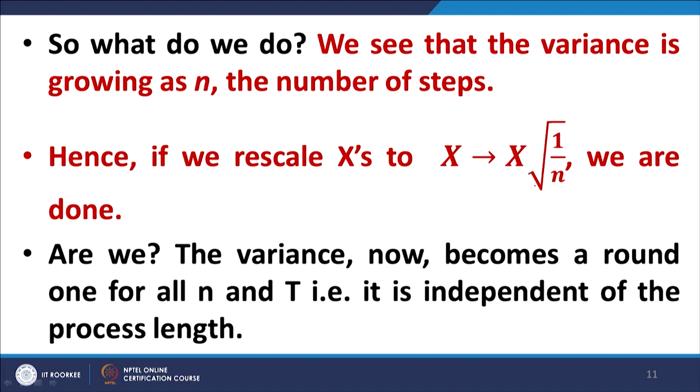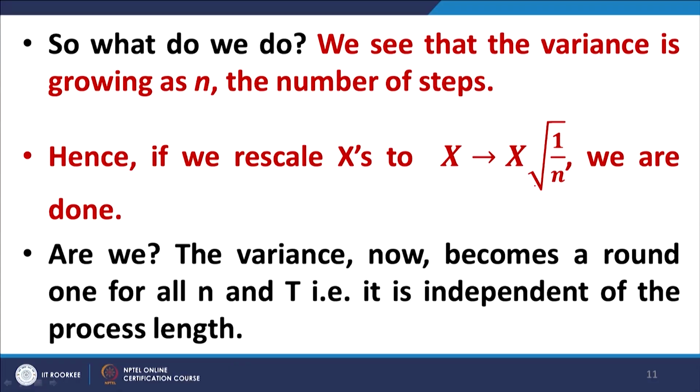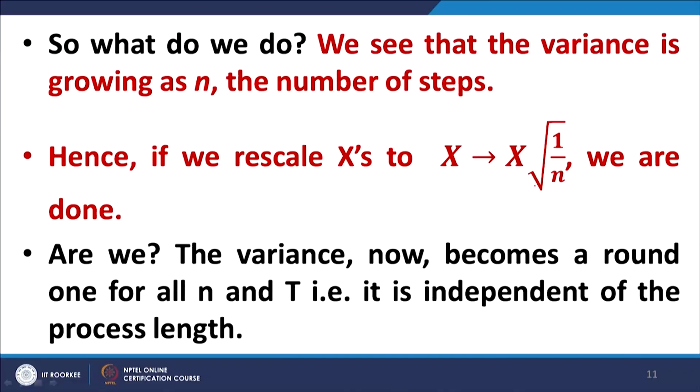The variance has now become finite, it has become convergent, by rescaling the step size in such a way that instead of a step size of plus minus 1, I now have a step size of plus minus 1 upon root n. Then I find that the variance converges to 1.